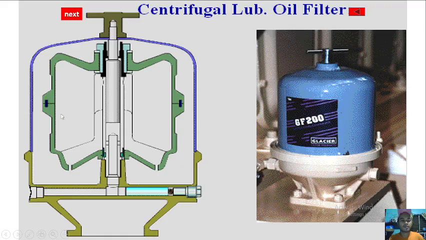So the dirt will be stuck on this side, while the clean oil goes into this hole, that nozzle, and when it goes through this nozzle, it also pushes the filter to rotate. So that's it.